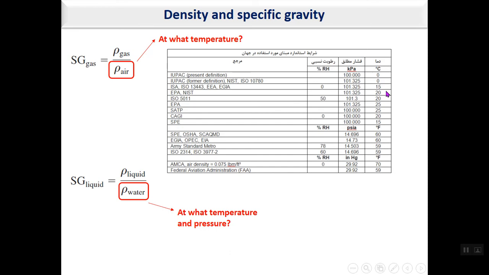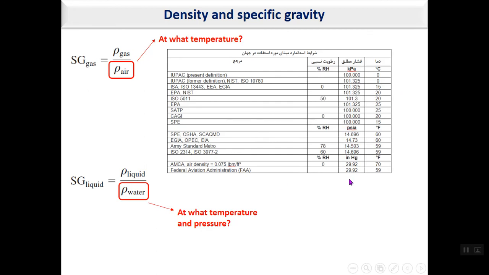You can see, for example, that in NIST you have a temperature of 20 and pressure of 1 atmosphere. But at the same time, there are also standards where the temperature reference is 60 degrees Fahrenheit, which is approximately 15.6 degrees C, and 1 atmosphere pressure.